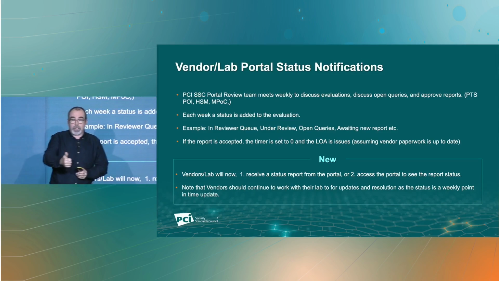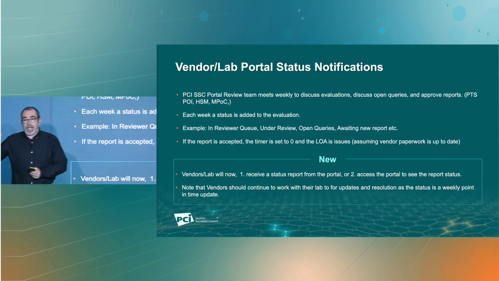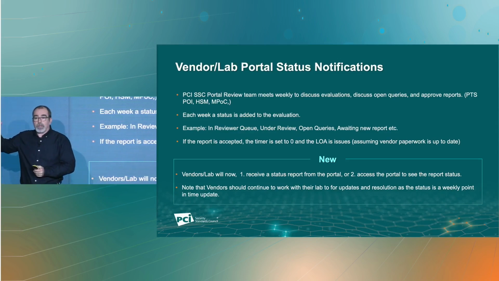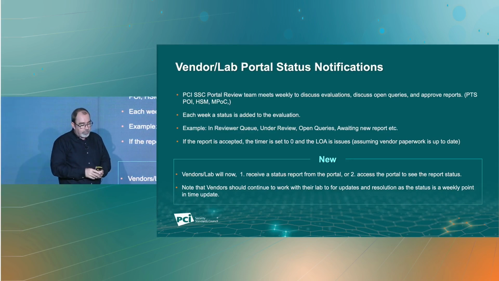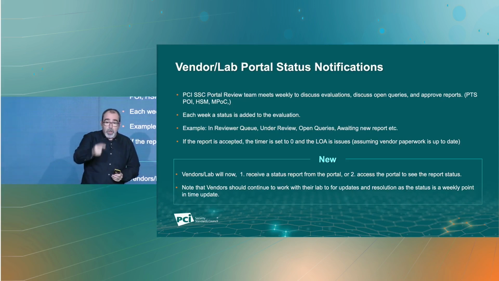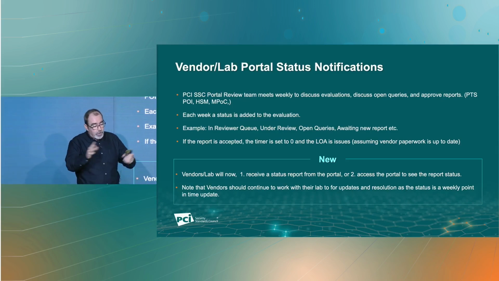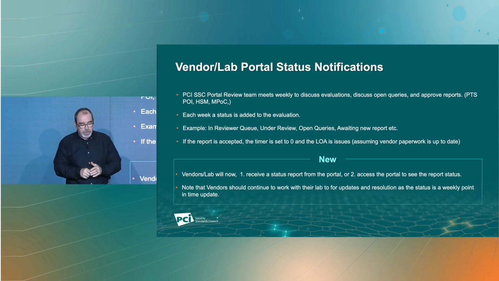Is it currently under review? Is it something that has open questions at the moment? Are there sufficient questions that it might have been returned? These sorts of things. So there is a timer on these. If the timer is set to 0, the letter of approval is issued, assuming everything else is in place.